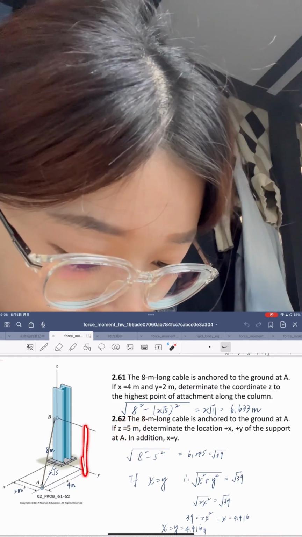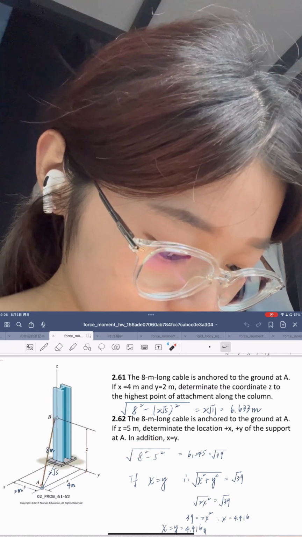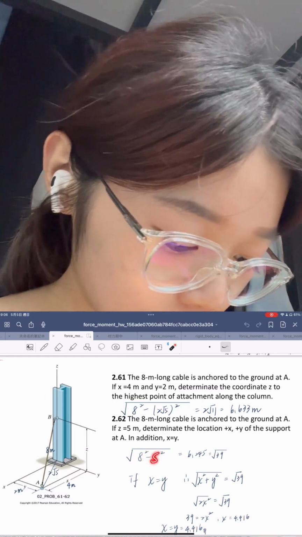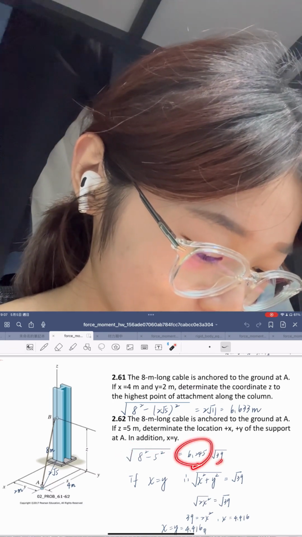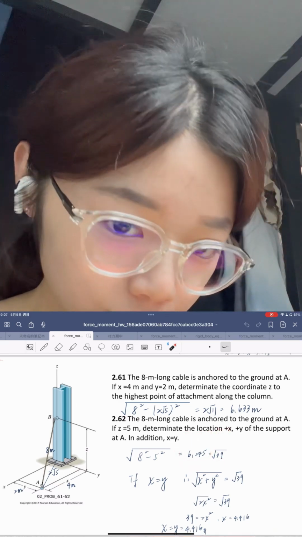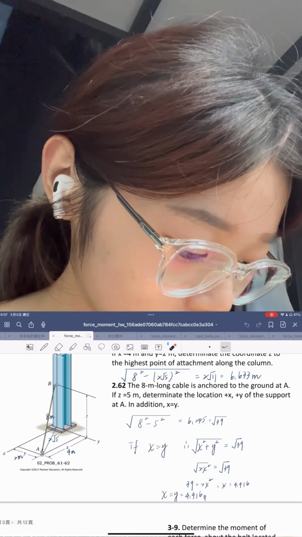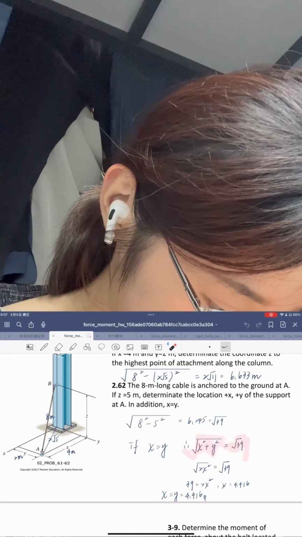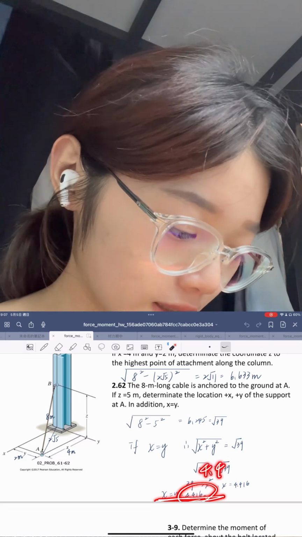That's 5 meters, and the AB is the same, so we 8 squared minus 5 squared and load it, and the answer is 6.245, and the questions tell us the X equal to Y, so we know the X Y root is equal to 39, and because the xy is equal, the answer is 4.416.